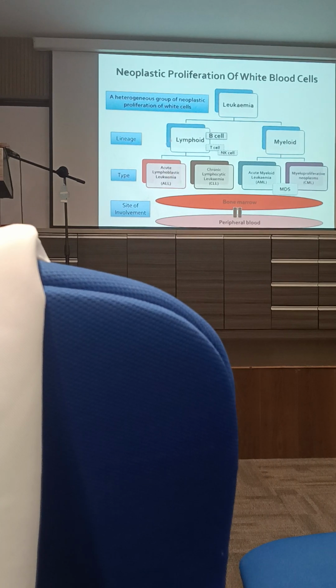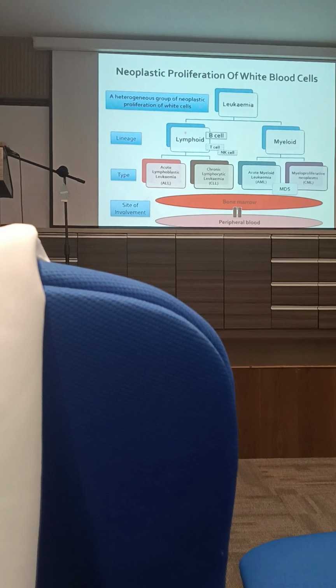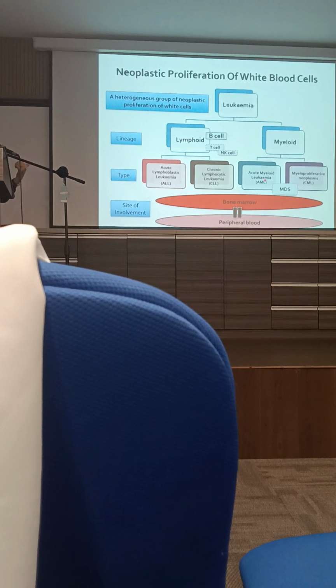If you are a lymphoid lineage, it is called acute lymphoblastic leukemia, or ALL. Another form of acute leukemia, if you follow a myeloid program, is acute myeloid leukemia. We will go through what all of this means.